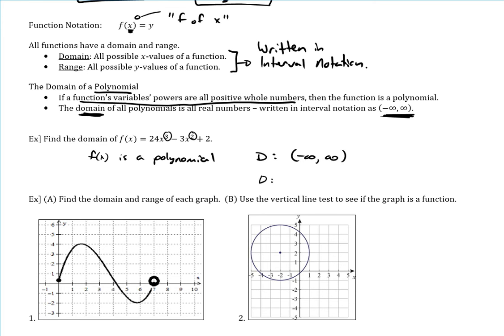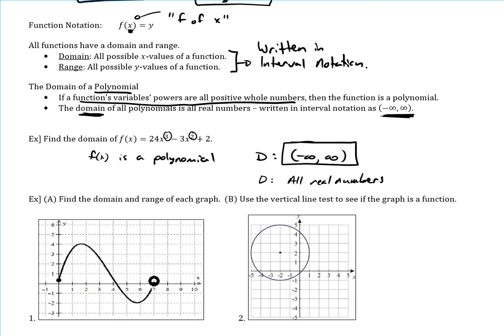The other way that we might say this is all real numbers. Okay, but that takes longer to write. It's quicker to do this parenthesis. So that's usually the way that we write these. Okay, so that's our domain for this problem. So again, all this means is I can plug in any x I want and it would give me a y coordinate.